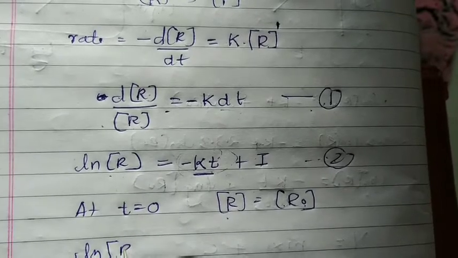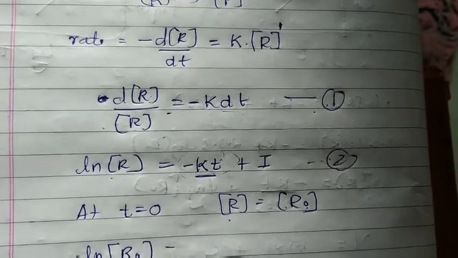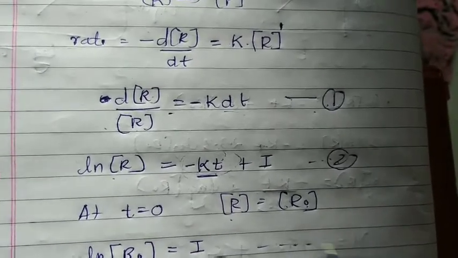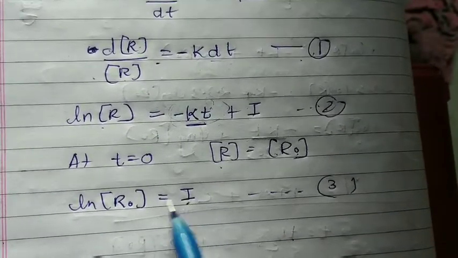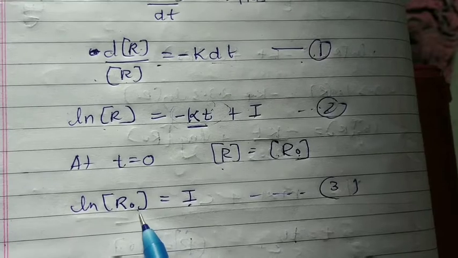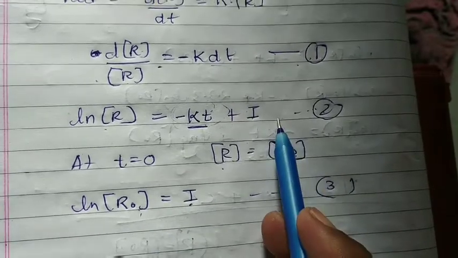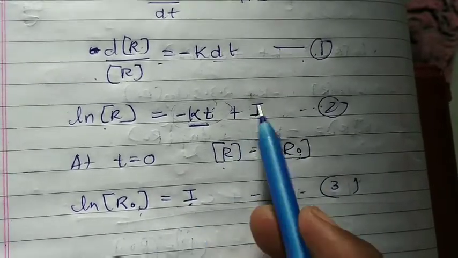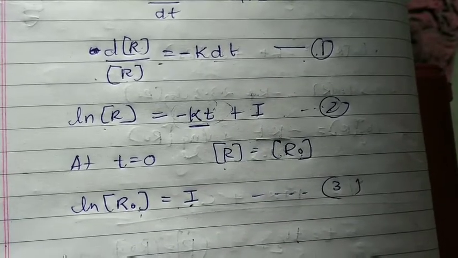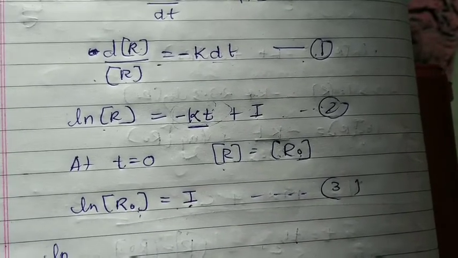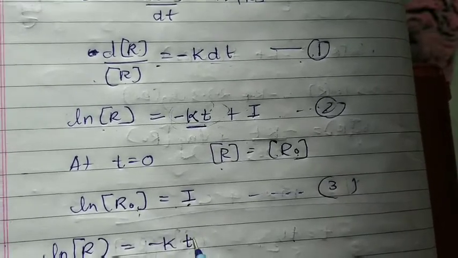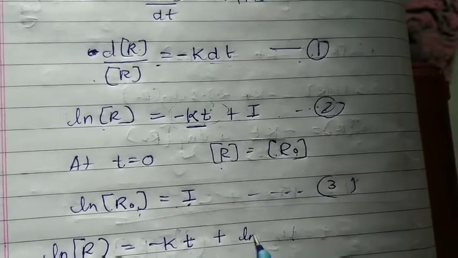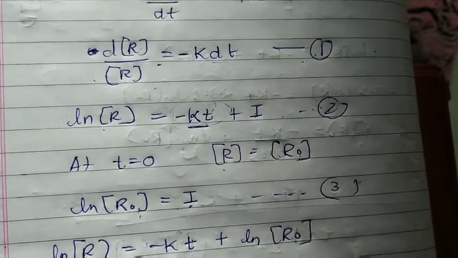So ln R0 is equal to I. That is equation number 3. This I value, the integration constant, you put in equation number 2, then equation number 2 turns to ln R is equal to minus Kt plus ln R0.